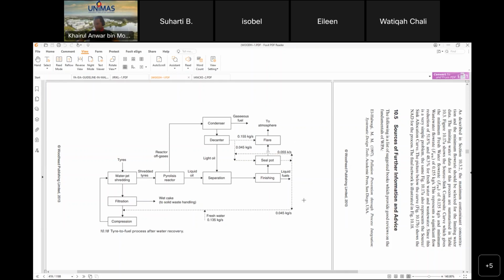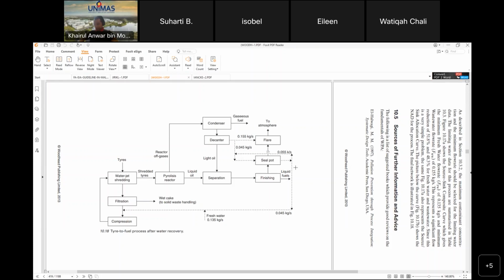Then some of the water, 0.045, from source 1, which is seal pot wastewater, is added to the seal pot feed water.